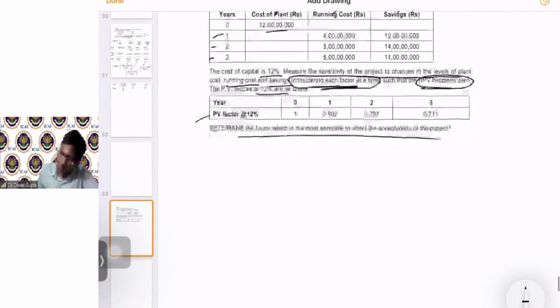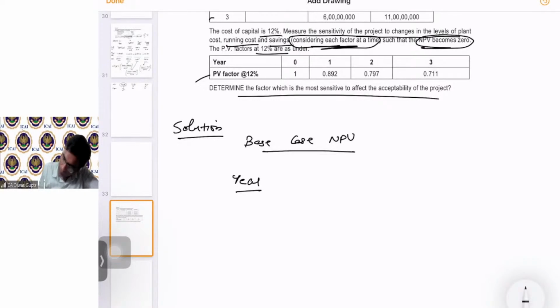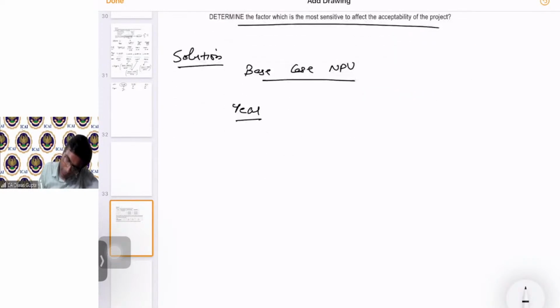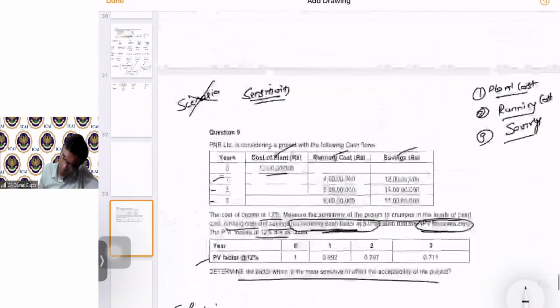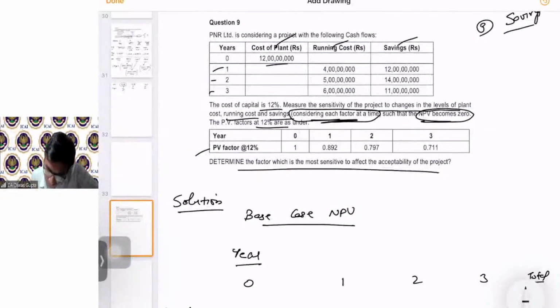So first of all, we need to calculate the base case NPV. Base case NPV, year 0, 1, 2, 3. Cost of plant: how much is it? 12 crore, 1200 lakh.